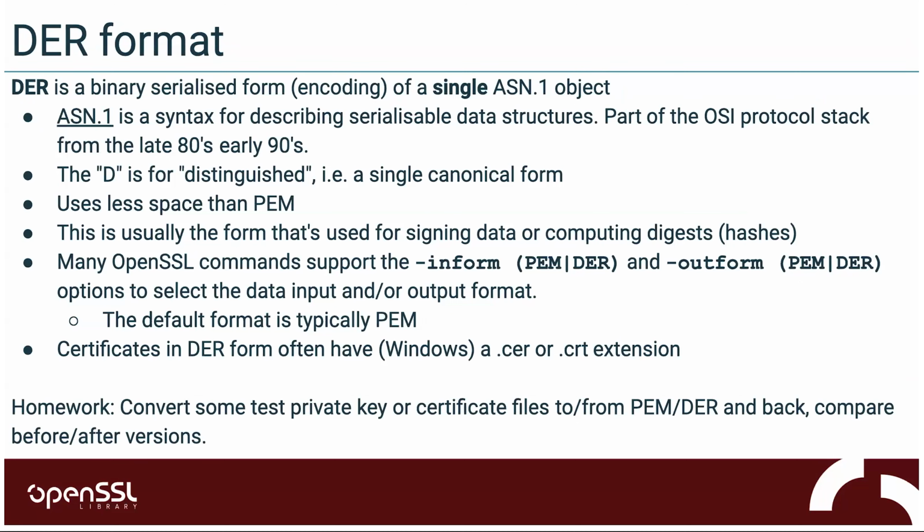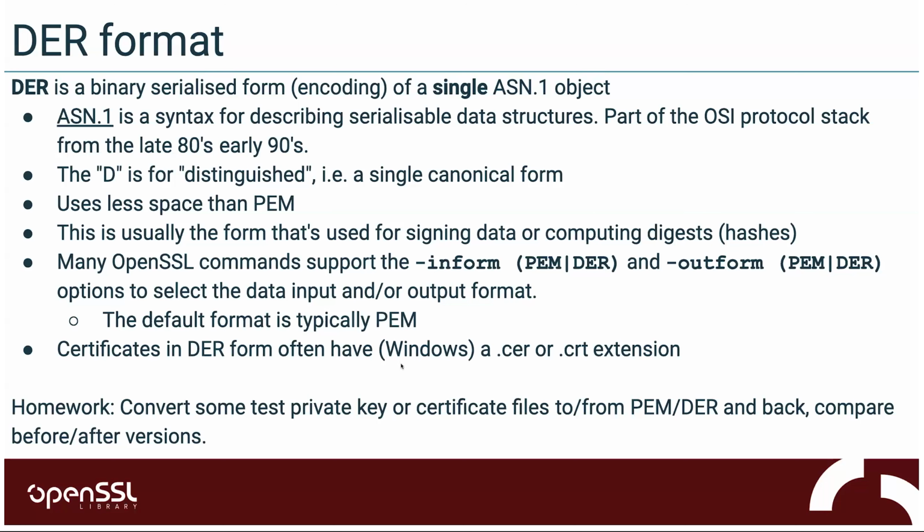The D, as I mentioned, distinguished, means that there's really a single well-defined way of encoding every object. And this is useful when you're signing things or computing their hashes. You really want to make sure that they're in standard form. So DER is the preferred binary format of all of these data, and PEM is a base64 encoding that's more human readable and supports multiple things in the same file.